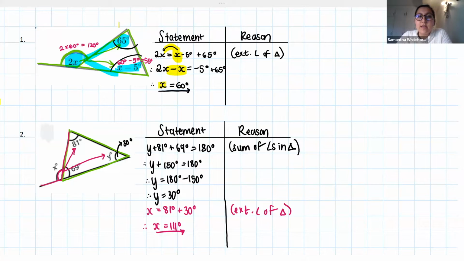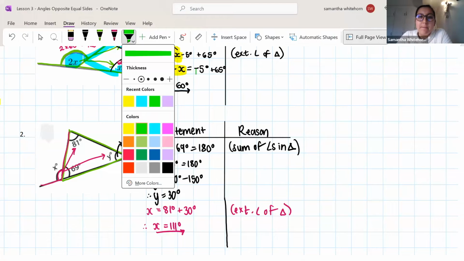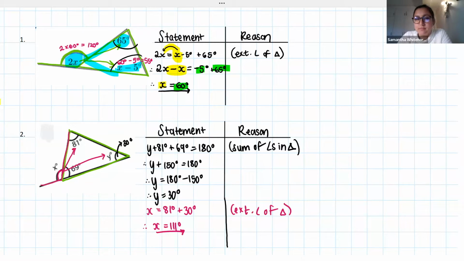And then on the right-hand side, I was just left with the constant. Minus 5 plus 65 gives me a value of 60. So once I've set up my equation, I'm able to solve for x. Okay, so Ziva, I hope that makes sense. If not, obviously just let us know.